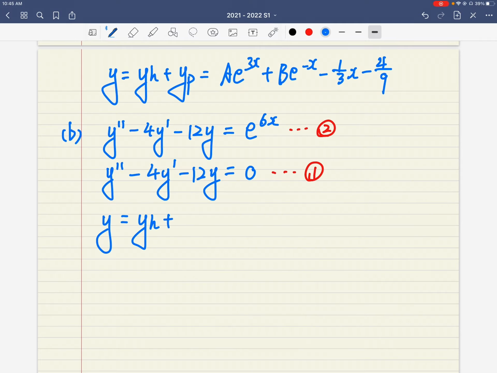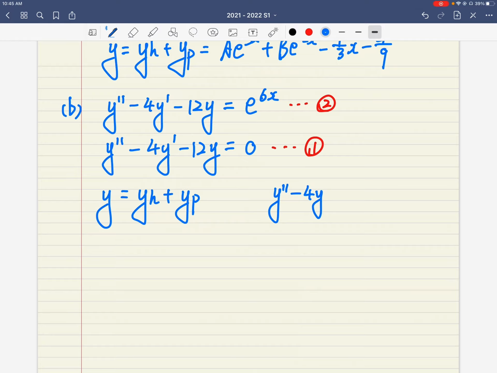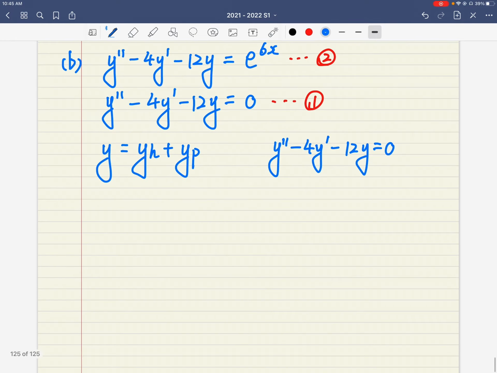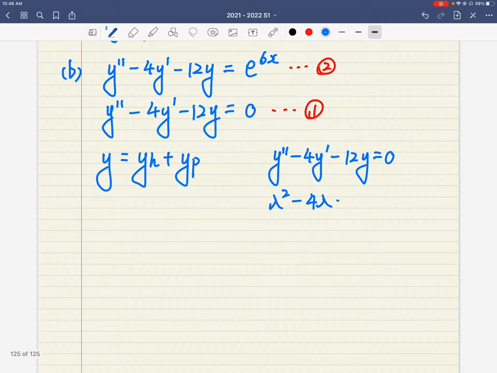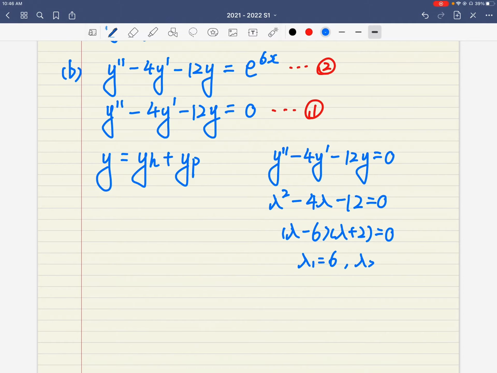Then again, how do you get YH? To get YH, you need the general solution of this homogeneous second order equation, just using the characteristic equation. Lambda squared minus 4 lambda minus 12 is 0, so lambda minus 6 times lambda plus 2 is 0, which means lambda 1 is 6, lambda 2 is negative 2.